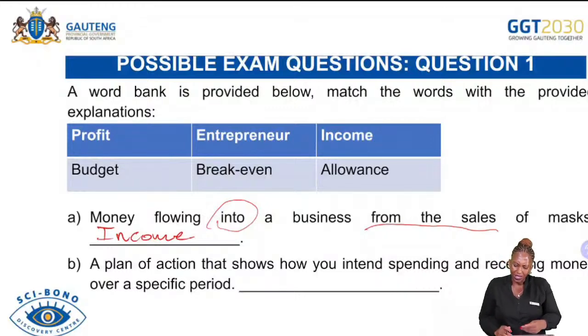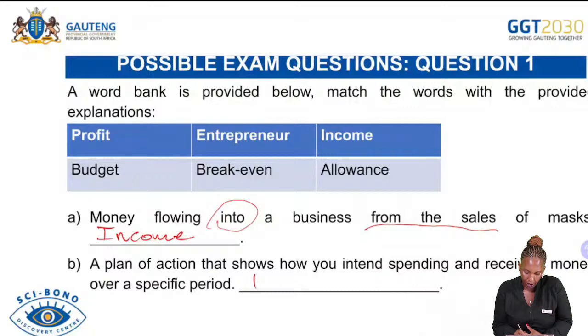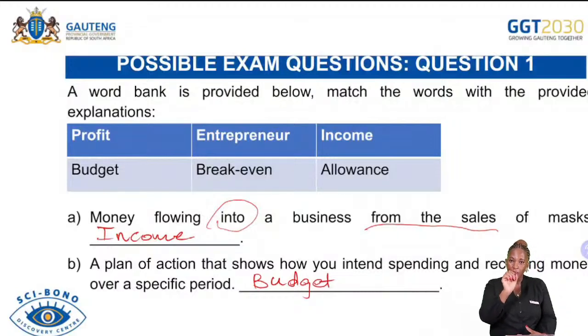You are saying, this is what I'm expecting, and then this is what I'm intending to spend. Do I make an actual spending? No. I spend on paper first. And then as I spend on paper over a specific period, we call that one a budget. Remember, I said to you, you must also make a budget.